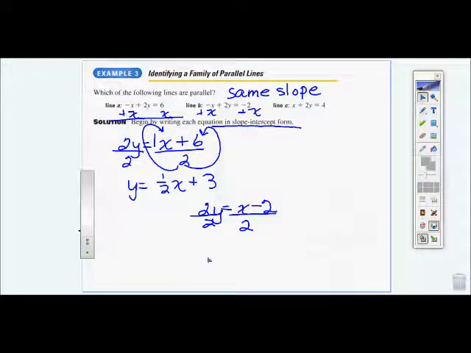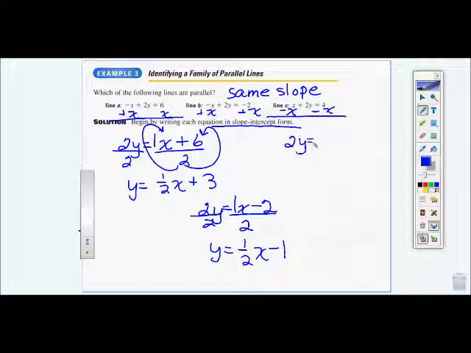So I get y equals 1/2 x minus 1. And my last one, subtract x from both sides, and I get 2y equals negative x plus 4, and I get y equals negative 1/2 x plus 2.